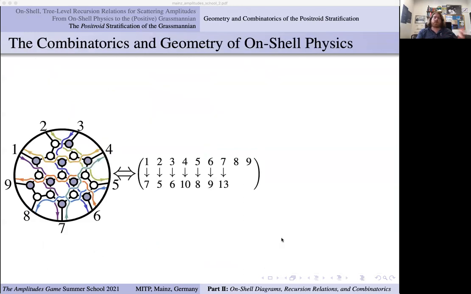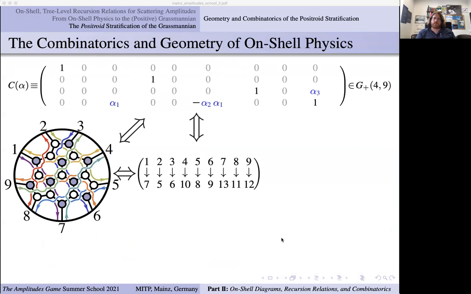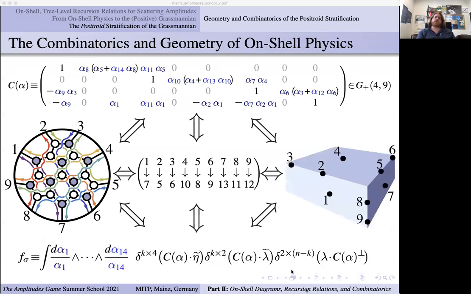So I hope, I mean, I'm not completely out of time yet, but the point of this lecture was to illustrate all of the different arrows inside of this web of correspondences. That between on-shell diagrams there's a permutation label, which also describes the geometry of this matrix encoded the same way.